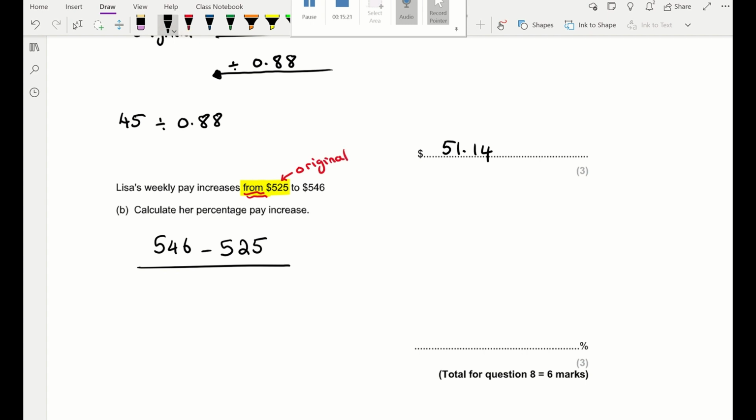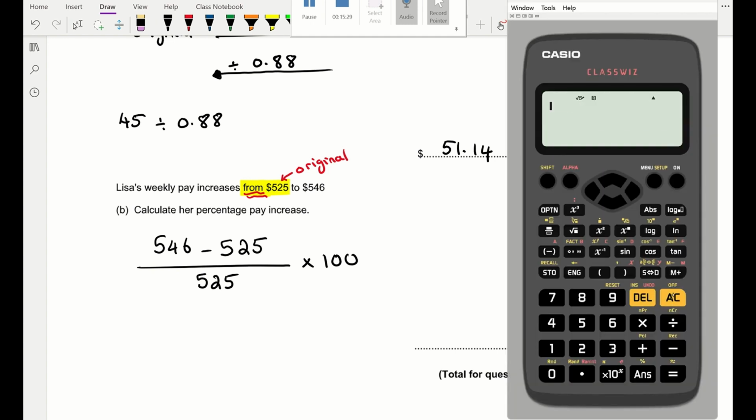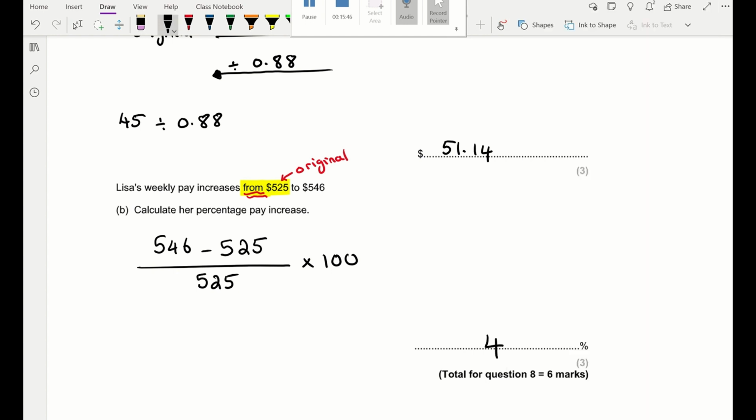So you always divide by the original and times by 100 because you're looking for a percent. So 546 minus 525 divided by 525. I use my arrow to go up, times 100 and I get 4%.